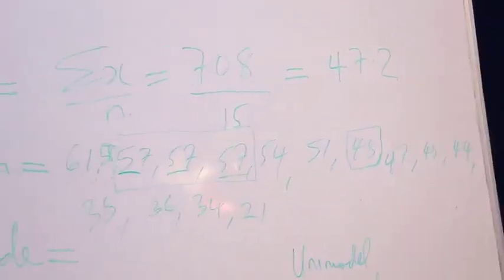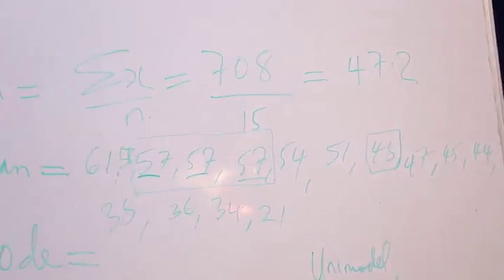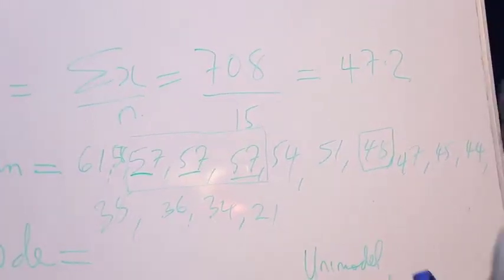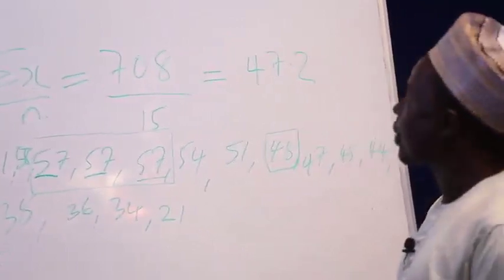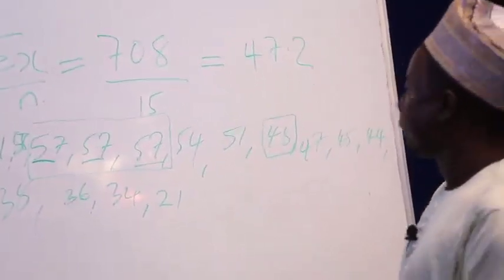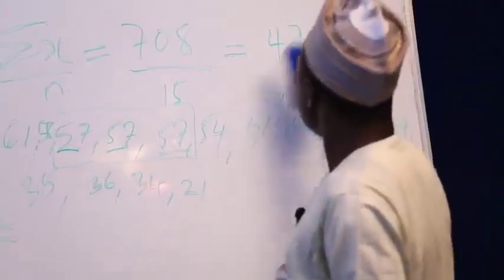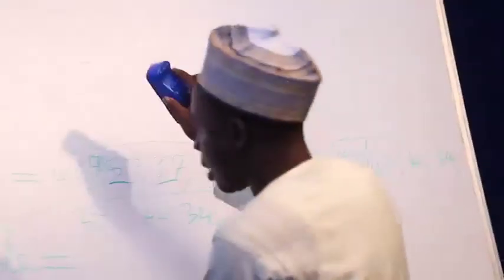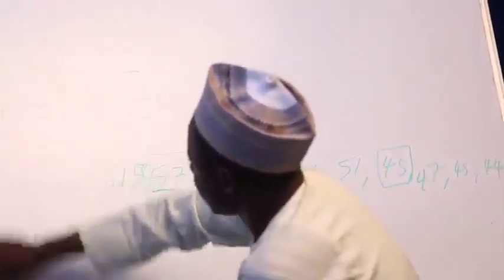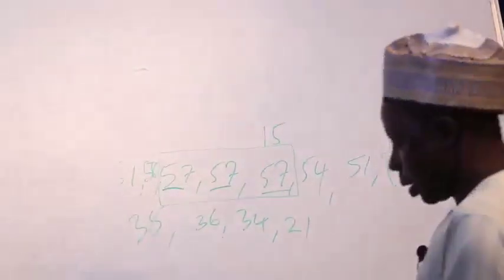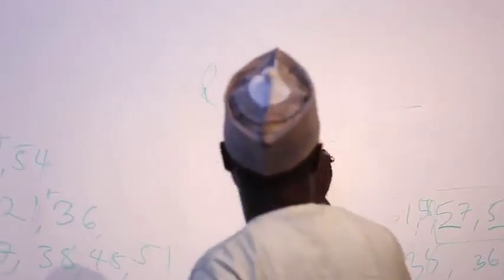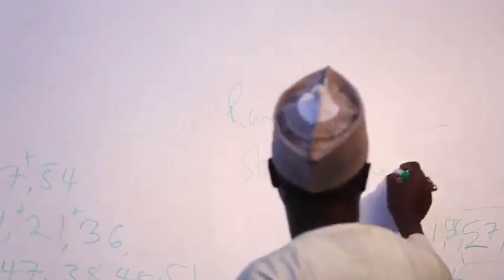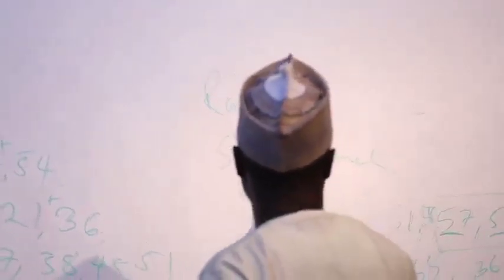Then quickly we'll go to measures of dispersion. And we said measures of dispersion are largely range, standard deviation, and variance.